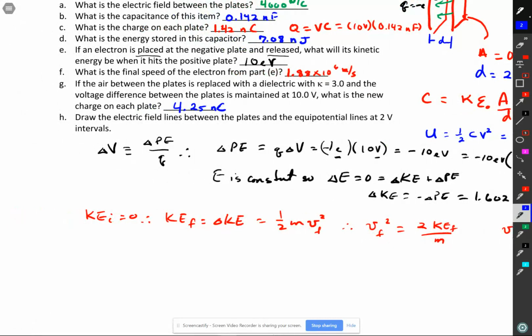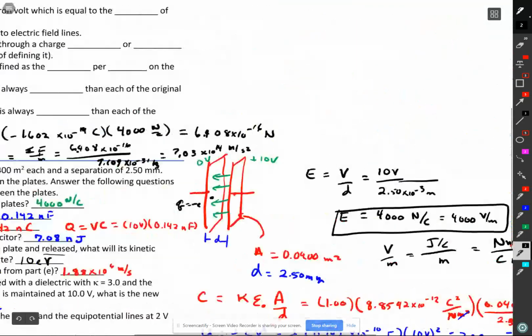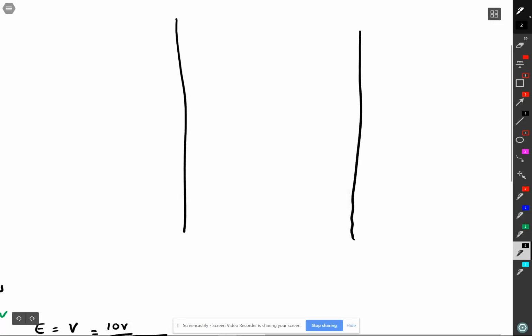Finally, draw the electric field lines between the plates and the equipotential lines at 2-volt intervals. So I will start by drawing my parallel plates in black. I'm going to move over here to free space and make it big. Here are my parallel plates.